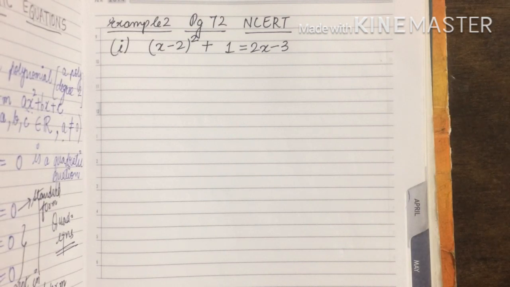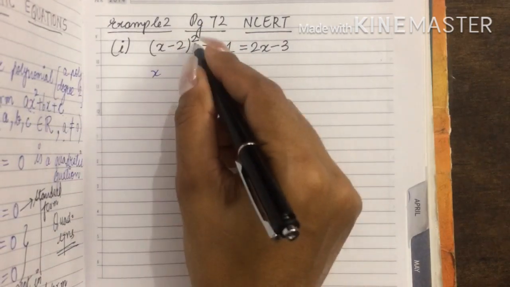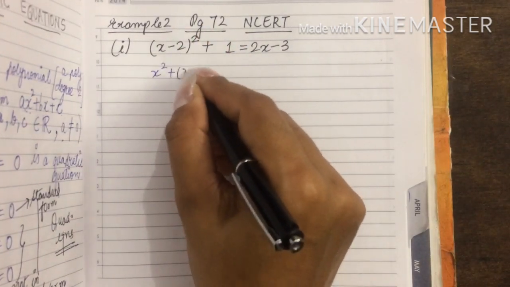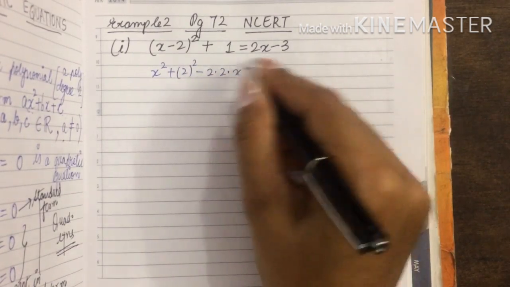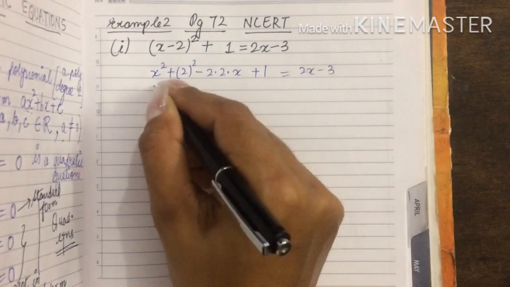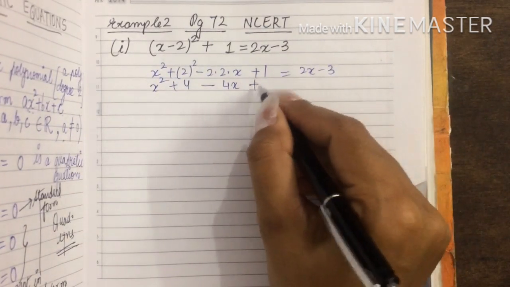The term with x² is necessary, the other two could be missing, completely fine. So let's solve the square, (a − b)², a² + b² − 2ab. The rest of the expression is the same, so this is x² + 4 − 4x + 1.